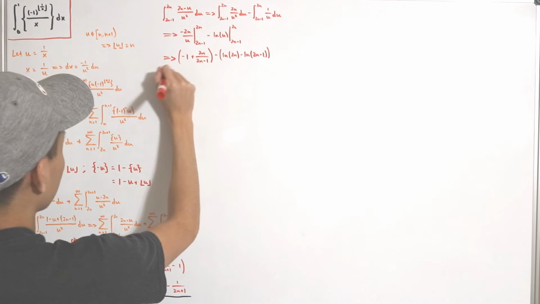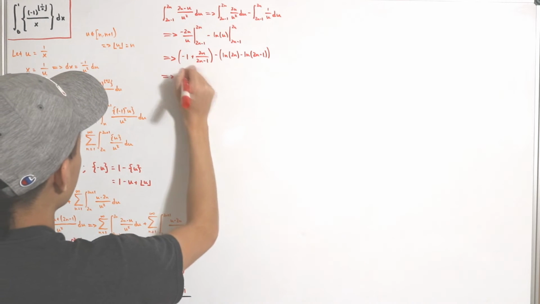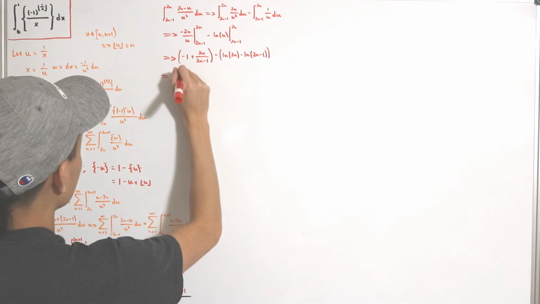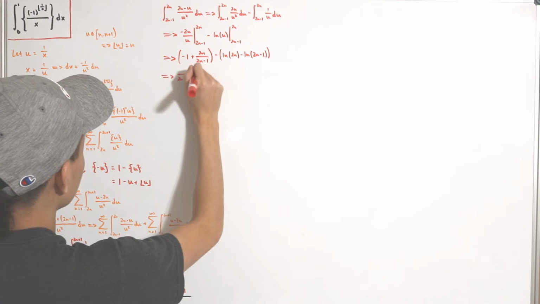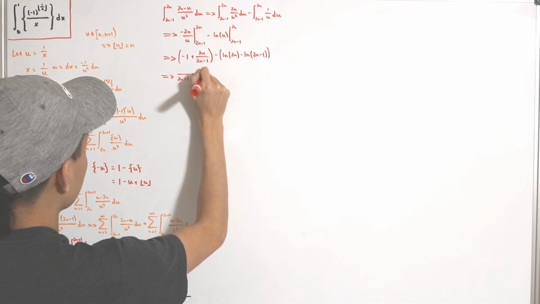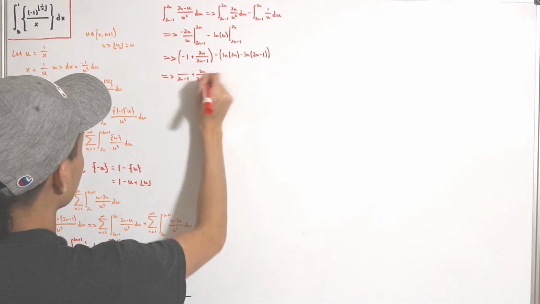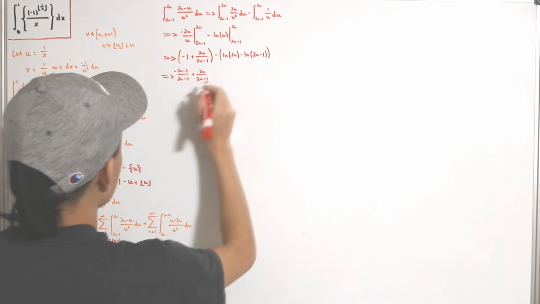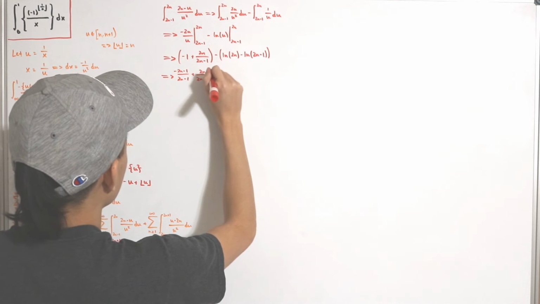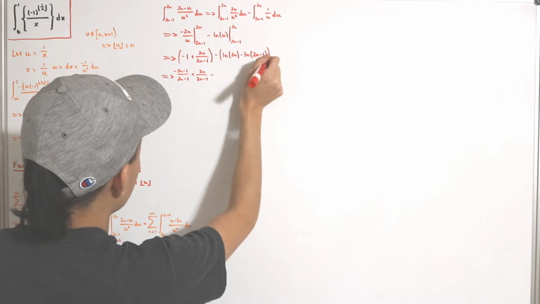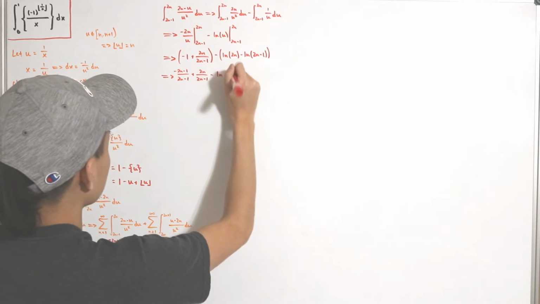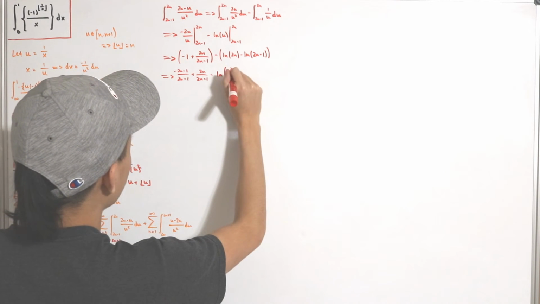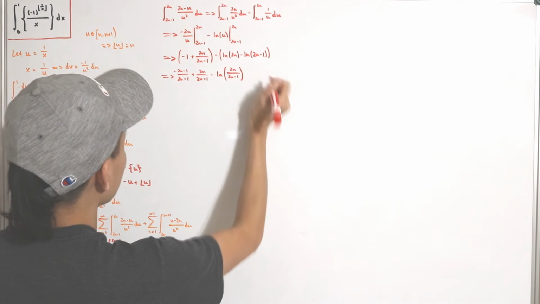Okay. So let's fix this a bit. Let's get a common denominator. So this is 2n minus 1 and plus 2n minus 1, so that's 2n over 2n minus 1 here, and negative 1 here. And then, using our rules of natural logs, this is simply the natural log of 2n divided by 2n minus 1.